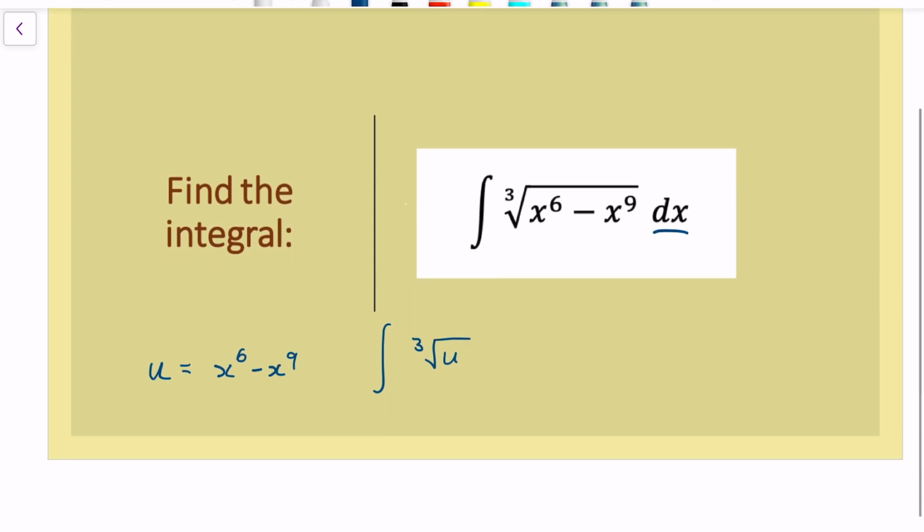The differential doesn't get any nicer, because if we differentiate our substitution, du dx is 6x to the 5 minus 9x to the 8. We then need to rearrange that, replace the dx, we get du divided by 6x to the 5 minus 9x to the 8, and we've still got an integral that's got u's and x's in it.